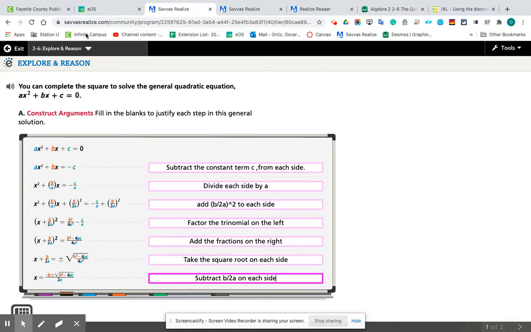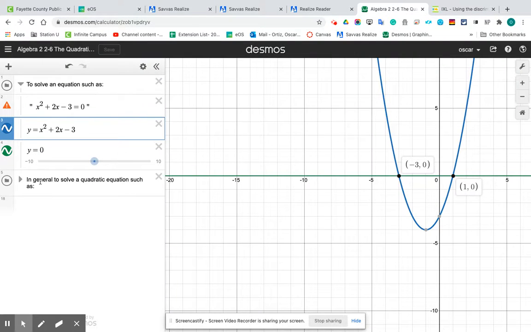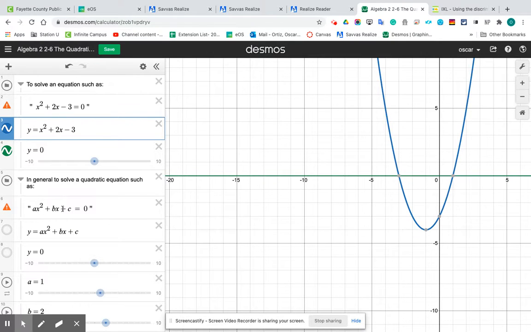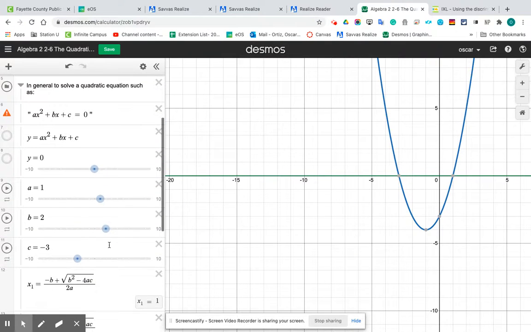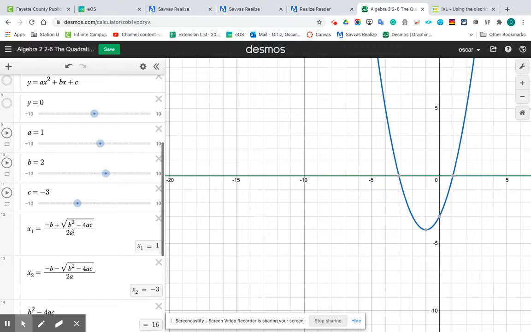So let's see how that works on the Desmos I have prepared right here. In general, when you're solving this type of equation, yes, graphically, you will graph y equals the left side and y equals the right side. But basically, this is the formula that we developed, and it'll have two answers.